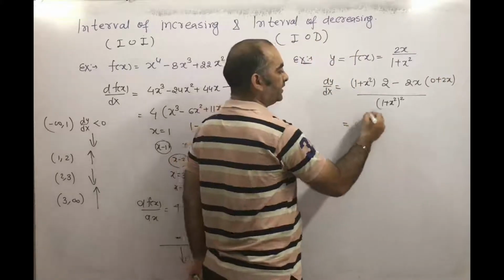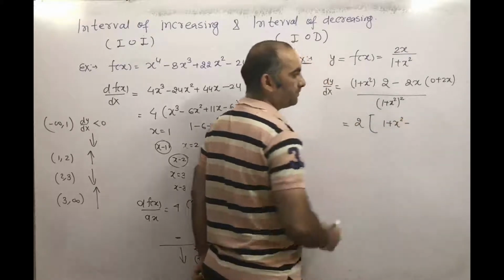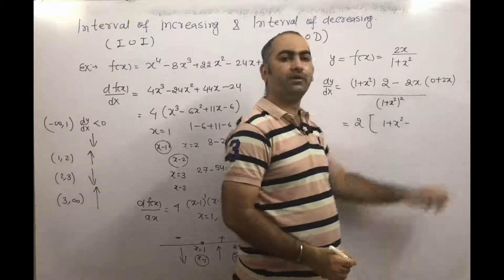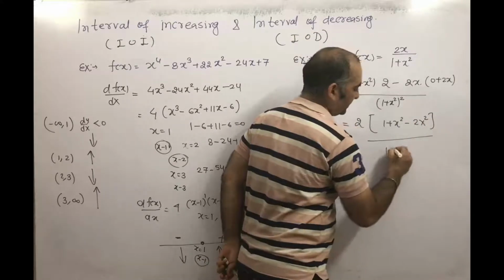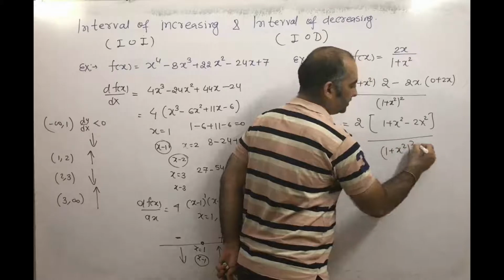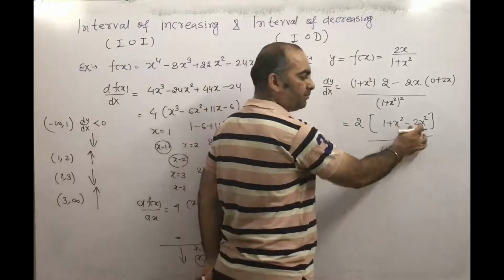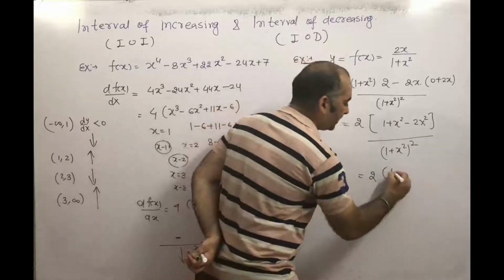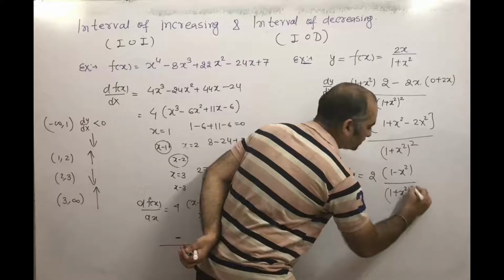Okay, so here we can take 2 common, in the bracket 1 plus x square minus x into 2x, what will come? Minus 2x square, divided by (1 plus x square) whole square, this will come. So this will be 2 times (1 plus x square minus 2x square), which gives 2 times (1 minus x square) divided by (1 plus x square) whole square.